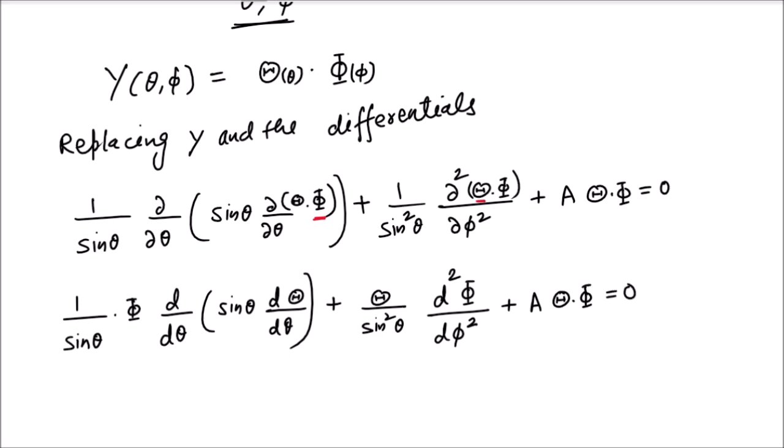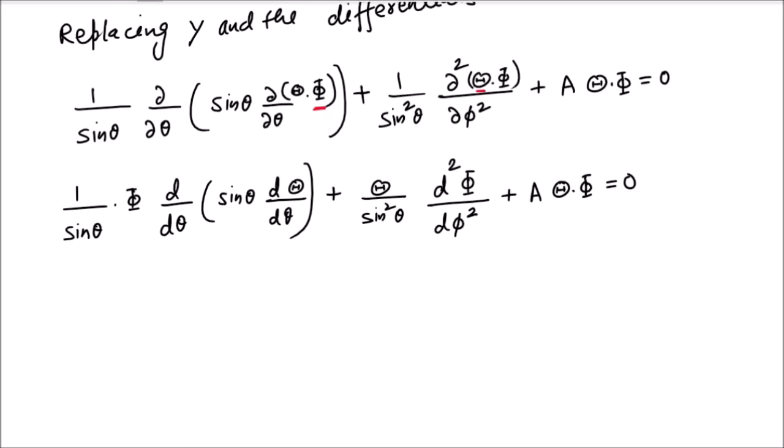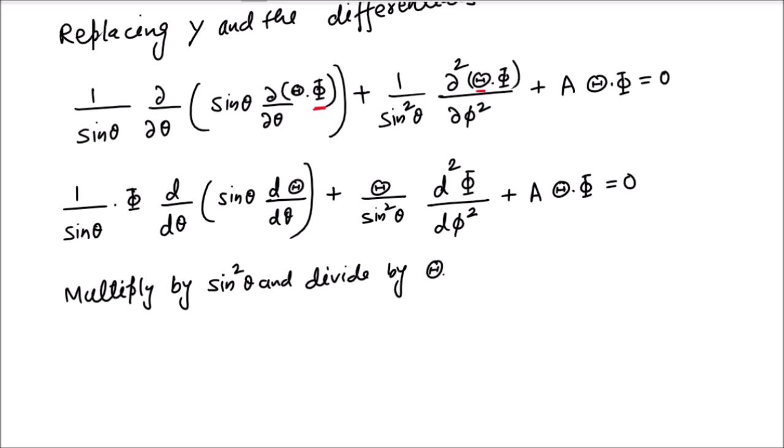Now isolate the variables: divide the whole equation by theta and phi and multiply it by sine square theta. Multiply the whole equation by sine square theta and divide by theta into phi.